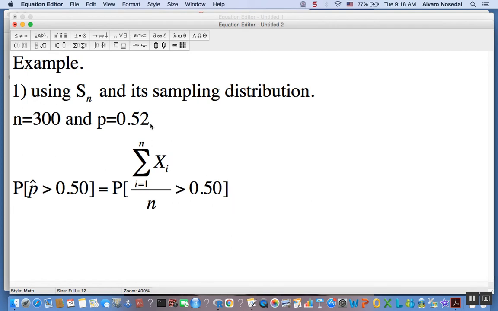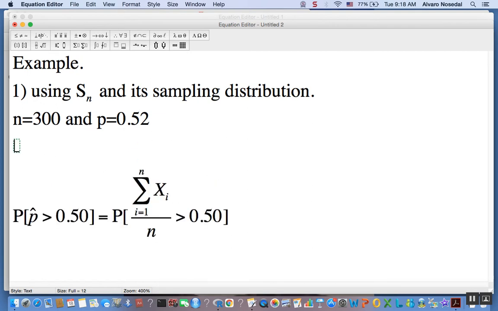Let xi be a Bernoulli random variable with parameter p equals 0.52.